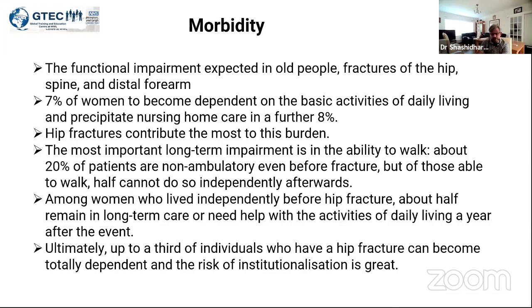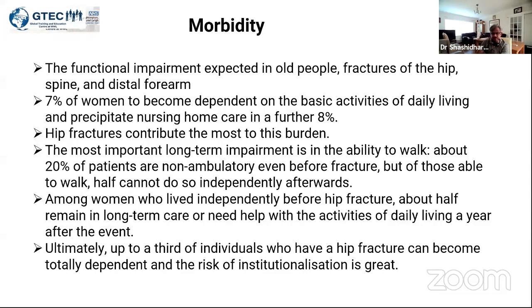And the dependency is a significant burden, and it goes up, and that's more so common in hip fractures. You just also need to remember a lot of the patients with fracture neck femur already have inability to walk, especially if they are 75 plus.